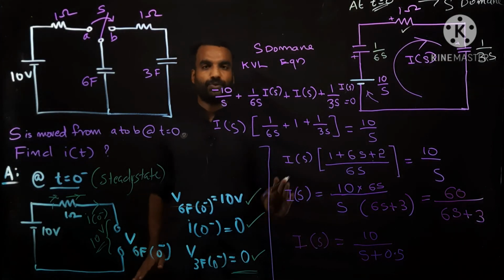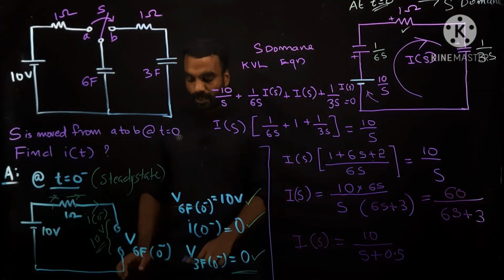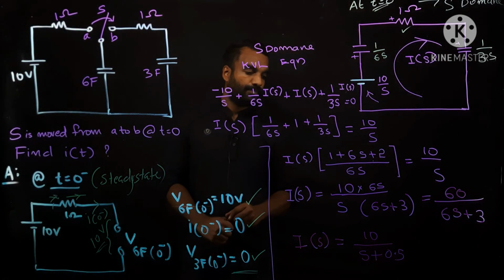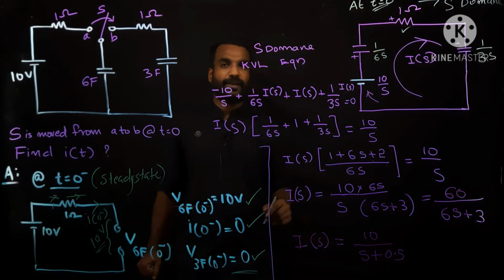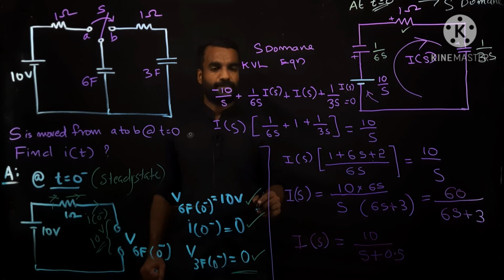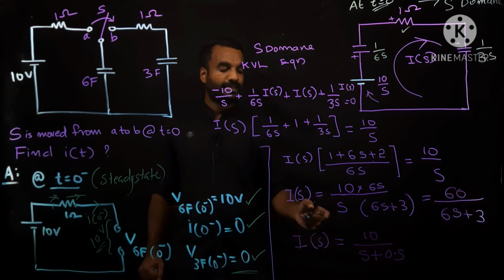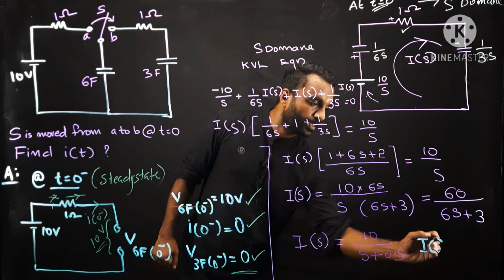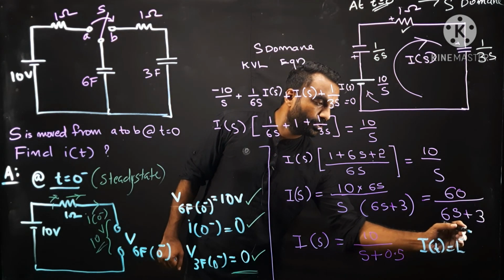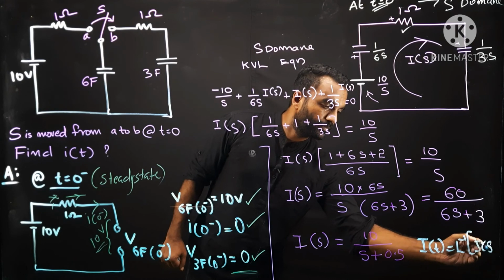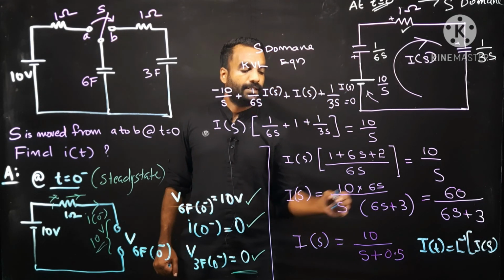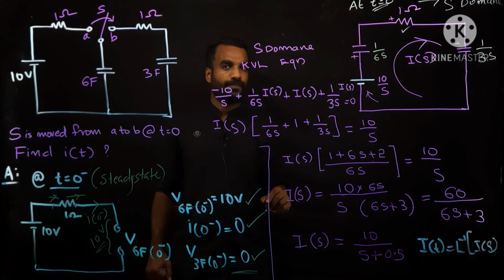I of s you have already obtained. Then how can we find I of t? I of t is nothing but L inverse of I of s.